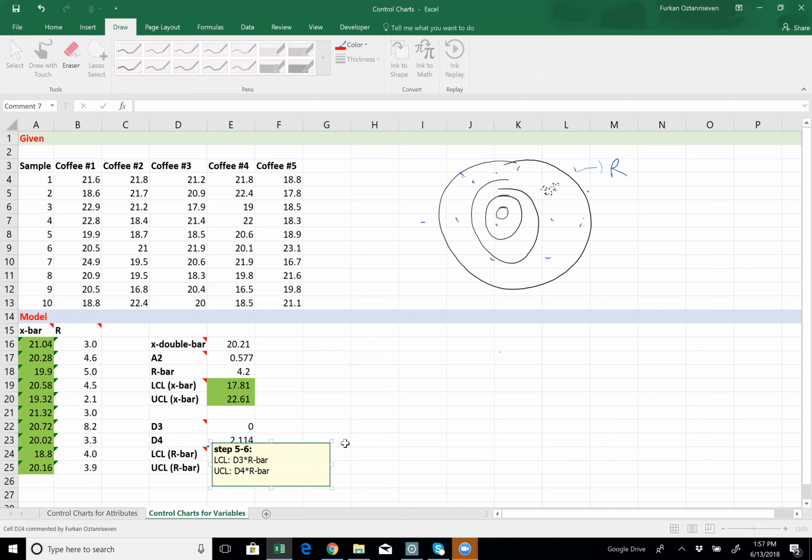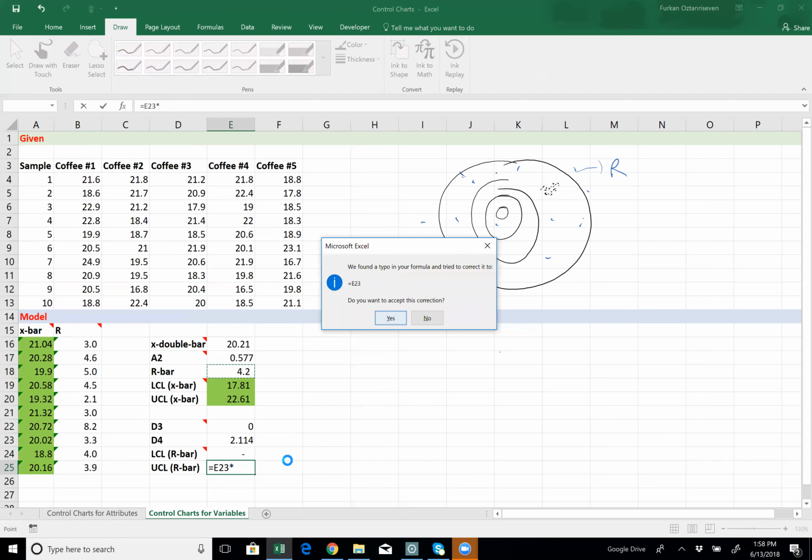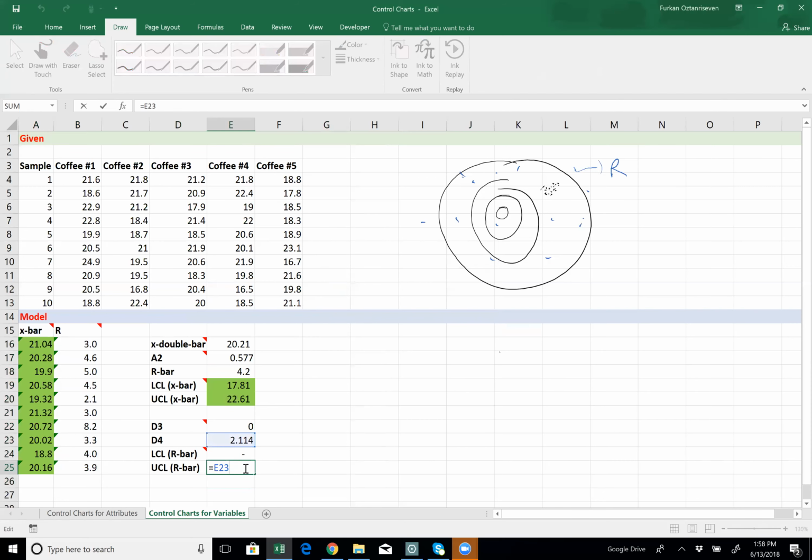So if I do this, D3 times R bar, which is 0, and D4 times R bar, you can see now that my lower and upper control limits are here.